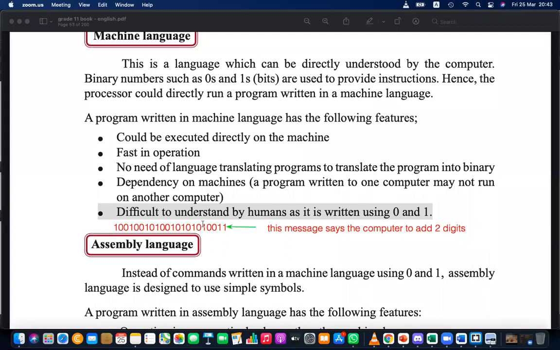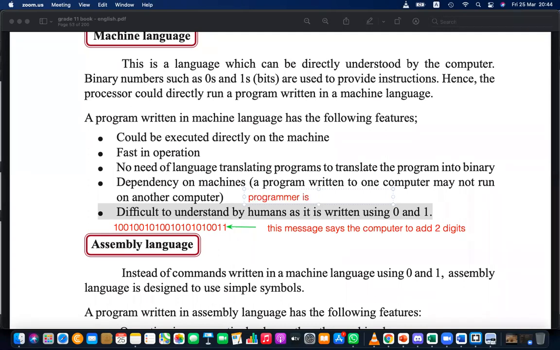Unless you thoroughly study the machine language, you won't understand what's going on. And if you give the same code to another machine, it might not work because it is machine dependent. Next very important thing, the programmer is responsible for maintaining the machine.